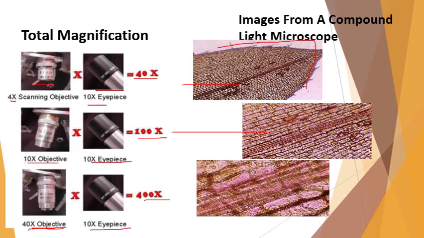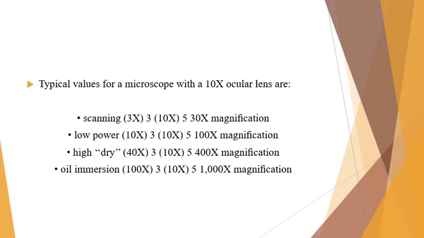So there is a clear distinction between different magnifications of the microscope. Here again we have typical values of a microscope with a 10x ocular lens, and the objective lens having different magnification powers indicated in this slide.